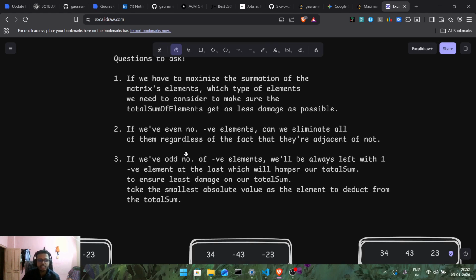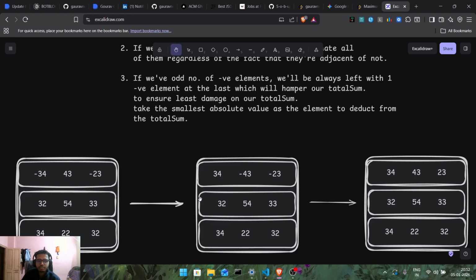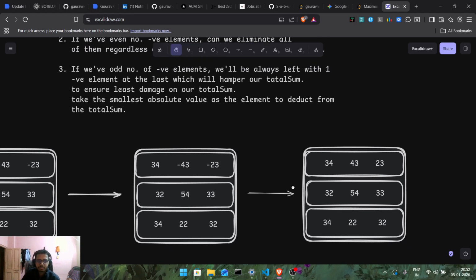But there is a catch. What will happen if we get an odd number of negative elements? We will always be left with one negative element. There is no question about it, because we just saw that in the even case, we can always get all positive elements.